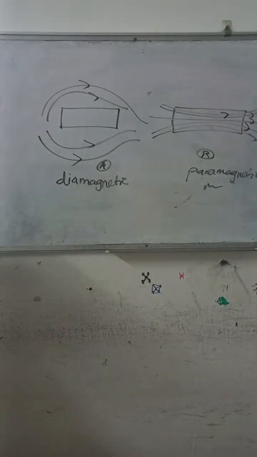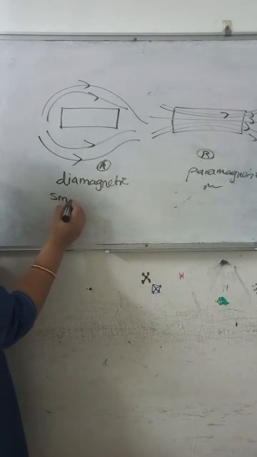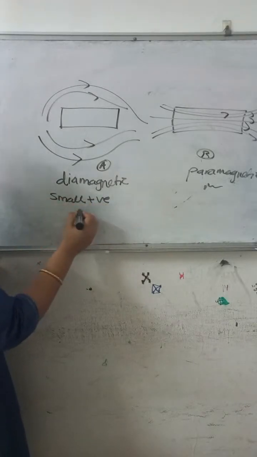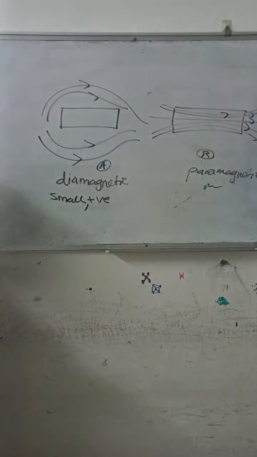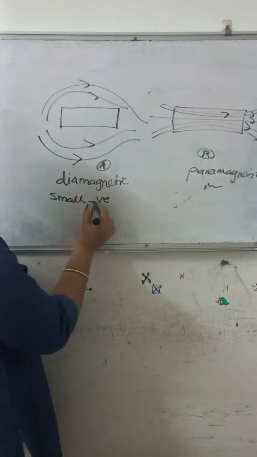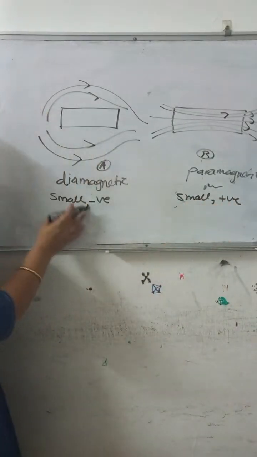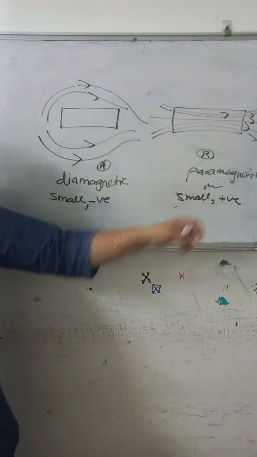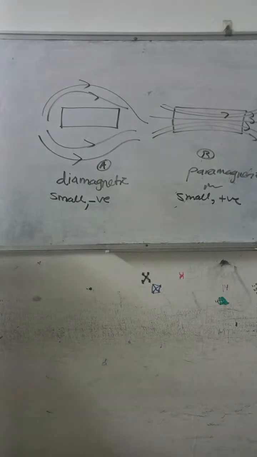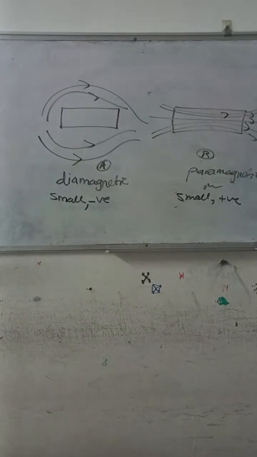They are asking about susceptibility. In a diamagnetic material, susceptibility is small and negative, and for paramagnetic material B, it is small and positive. You only have to write this much, so that answer gives you 2 out of 2.